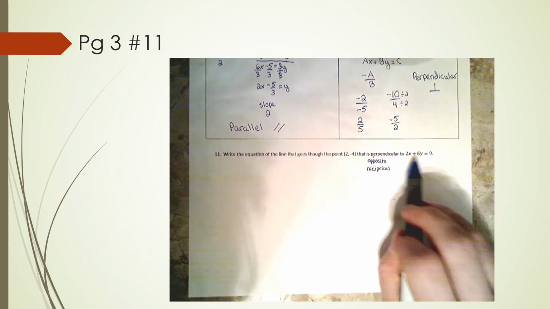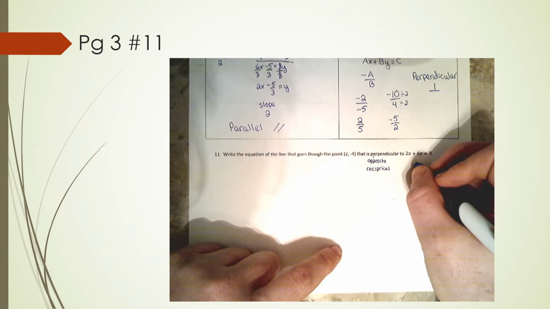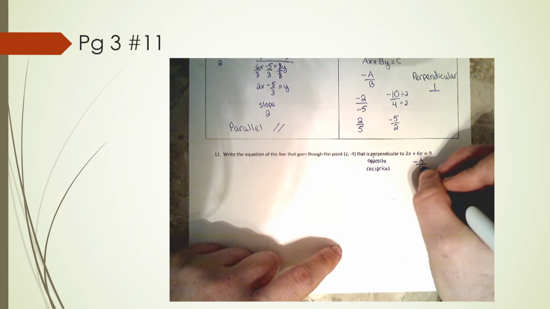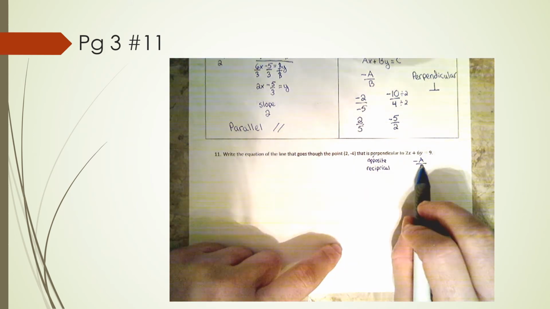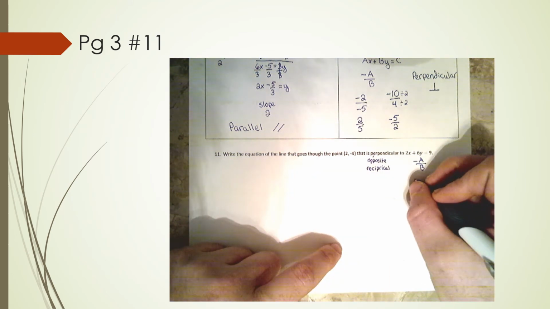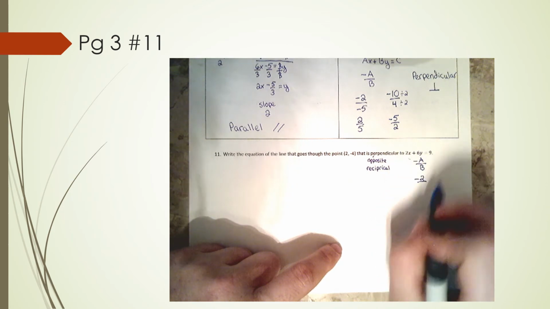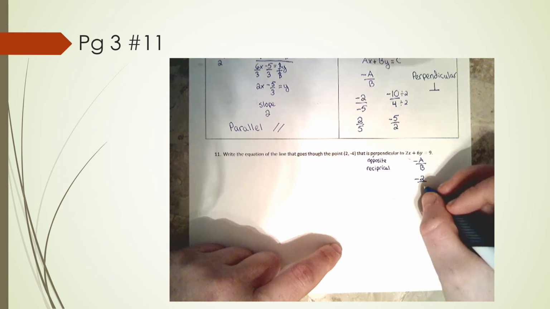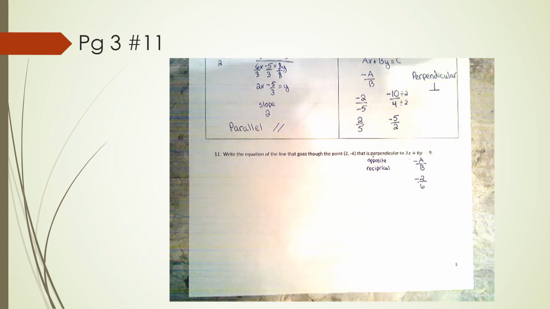So this is already in standard form. So in standard form, I showed you on the problem before, the way we can find the slope is by doing the opposite of A over B. So the opposite of A over B would give me -2, because it used to be positive, now over 6, which is our B. So -2 over 6.